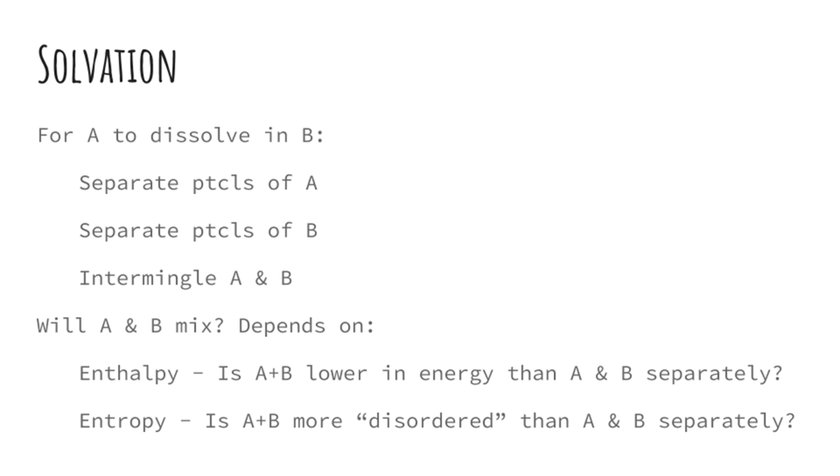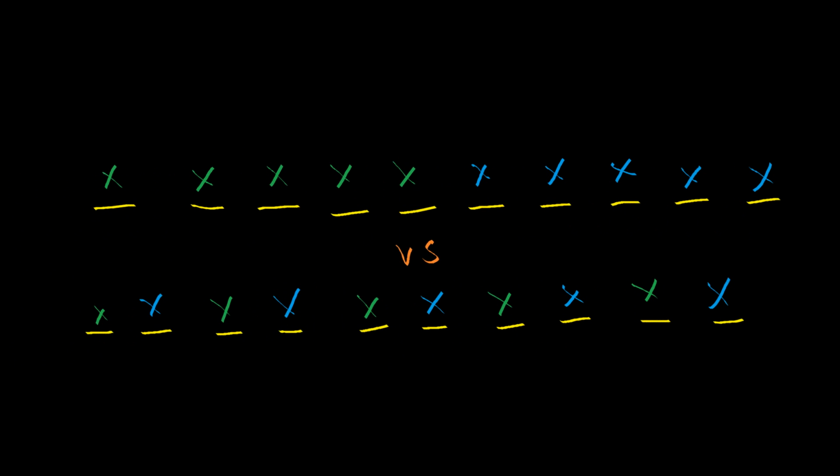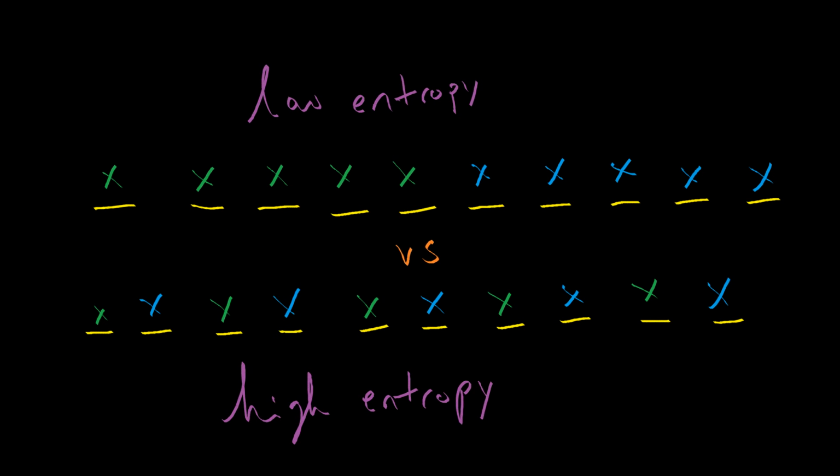The other factor to consider is entropy. We have not covered this before, but you may have heard about it. Entropy is often called a measure of disorder. That's not exactly true, but that is a good enough proxy. And mixing almost always involves an increase in entropy, just because there are more ways to have things all jumbled together than there are to have them all tidy and separate.